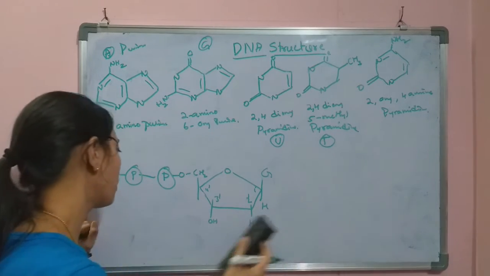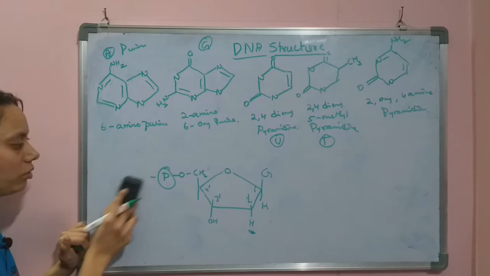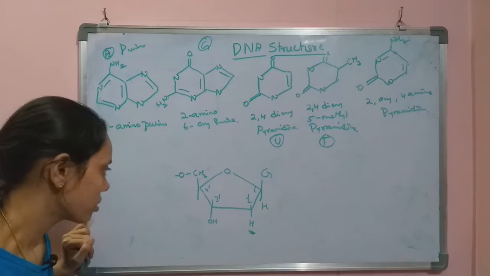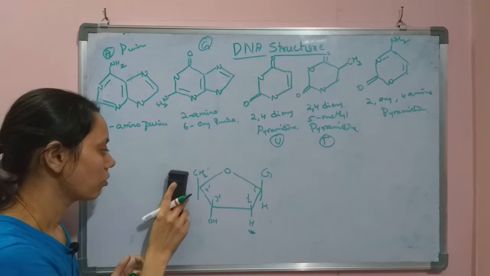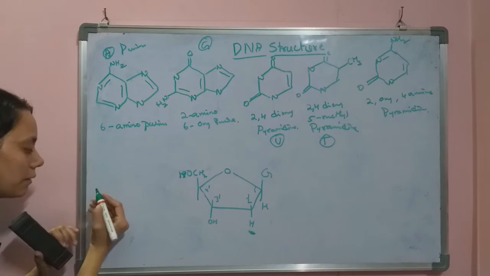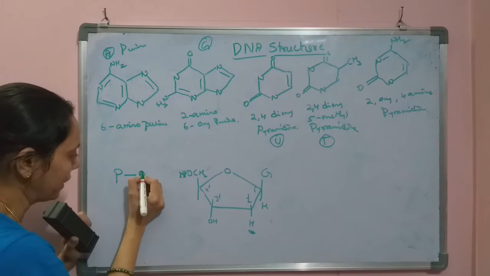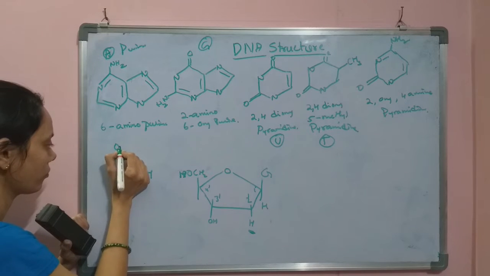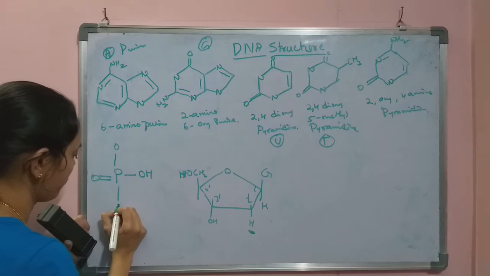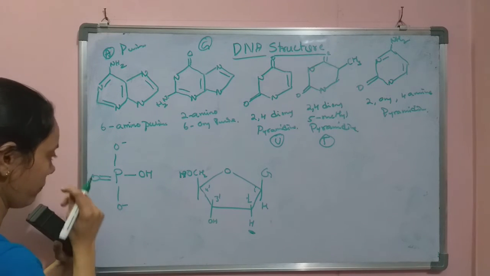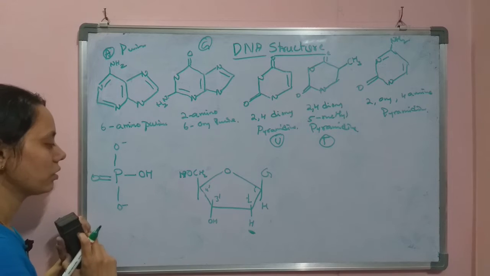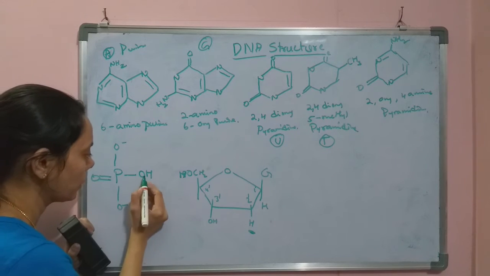So how do they combine together? Let us start with the bond between the phosphate and the sugar. As we already know, in the pentose sugar there will be an OH group, and this is the phosphoric acid. Phosphoric acid is this, and here is the pentose sugar.